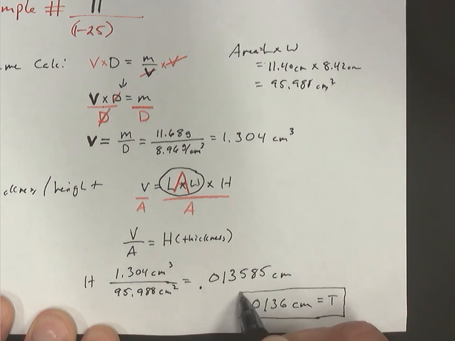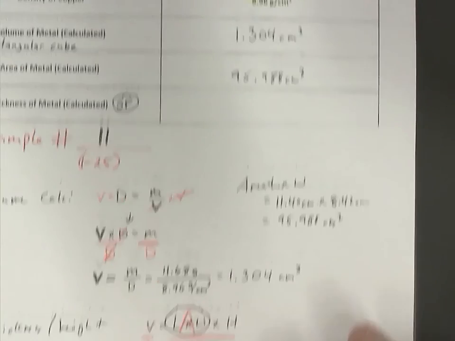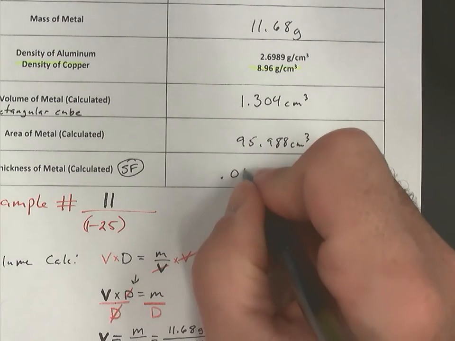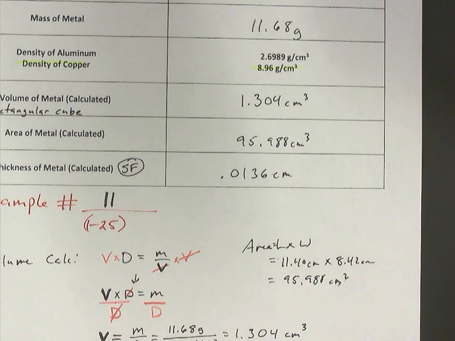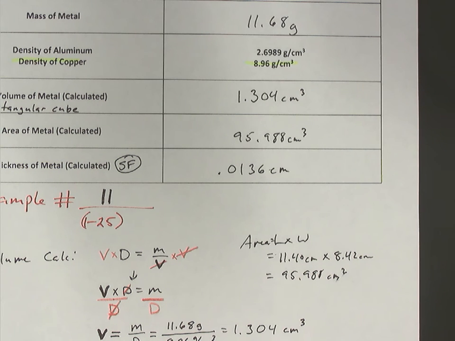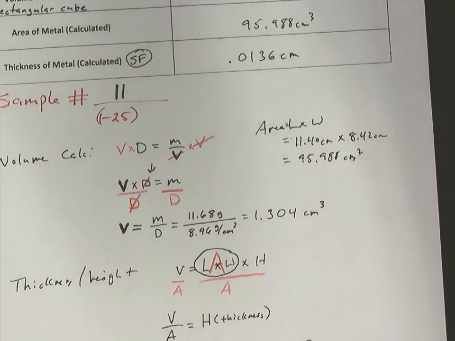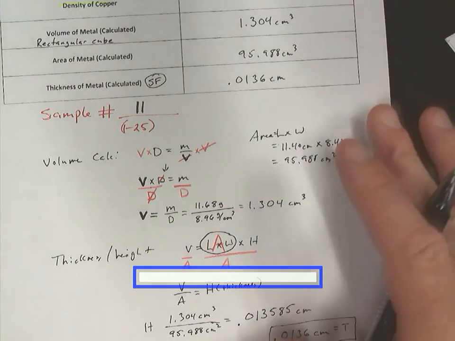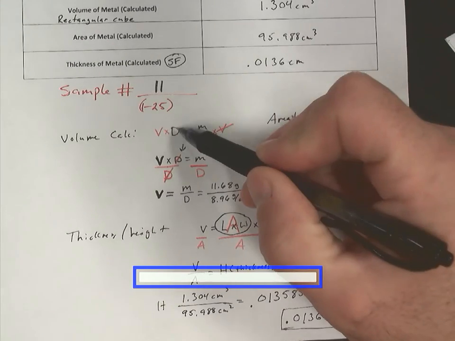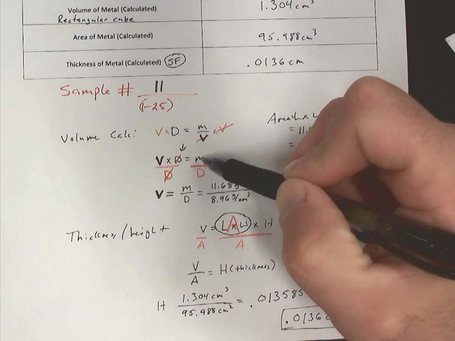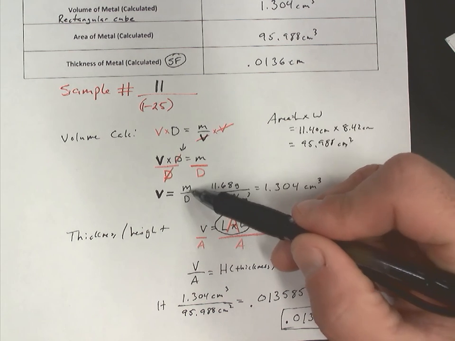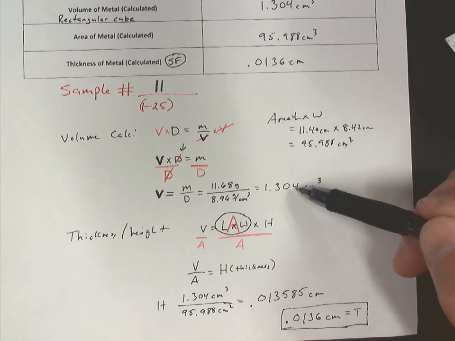The height and the thickness are the same thing. So 0.0136 centimeters is my thickness. What we were able to do there was utilize density and mass that were known. We took mass and density and we found volume.